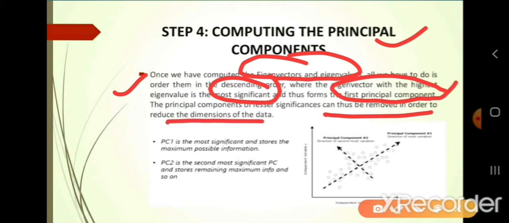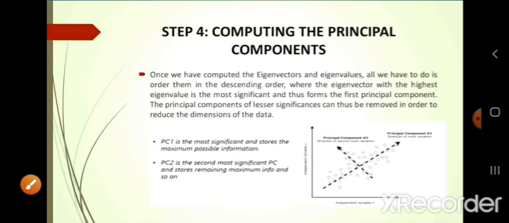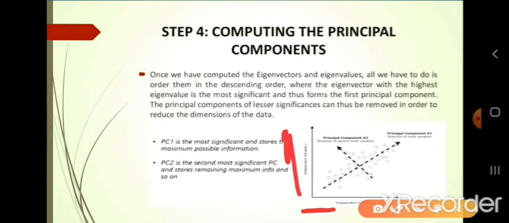Suppose in this figure this is the first independent variable and this is the second independent variable. These are the data that are randomly oriented. This line shows that the data are varying in this direction.